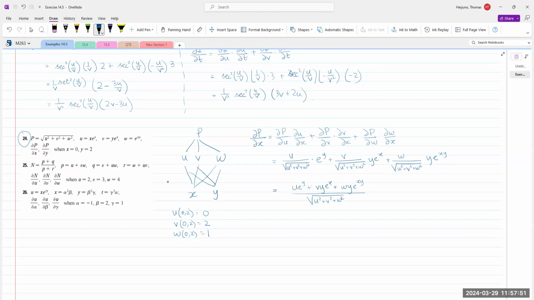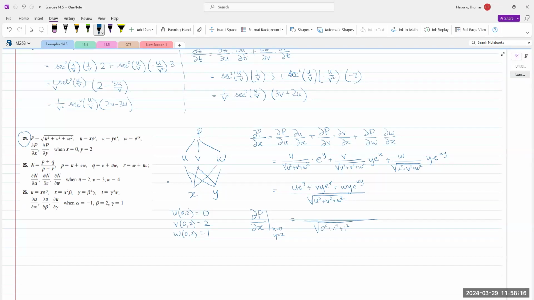Now, what is ∂p/∂x for x equals 0 and y equals 2? I basically plug that in, right? This is 0 squared plus 2 squared plus 1 squared.